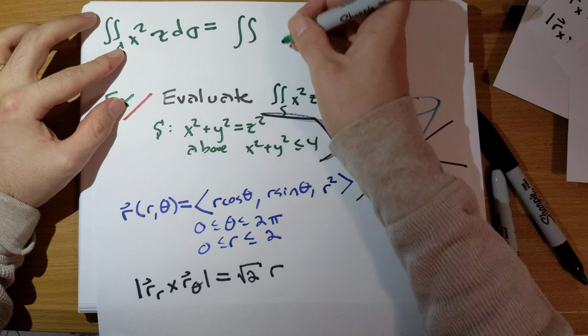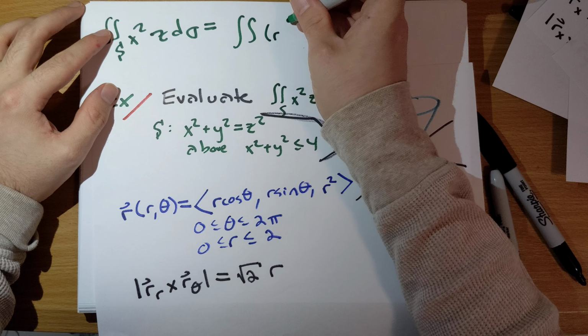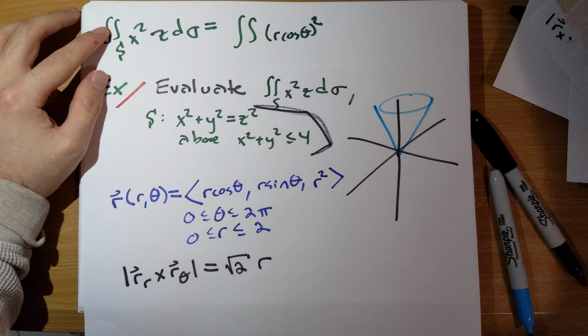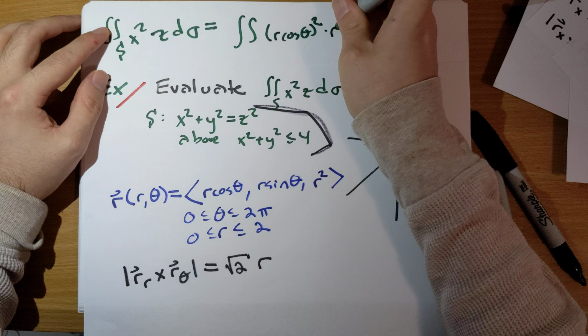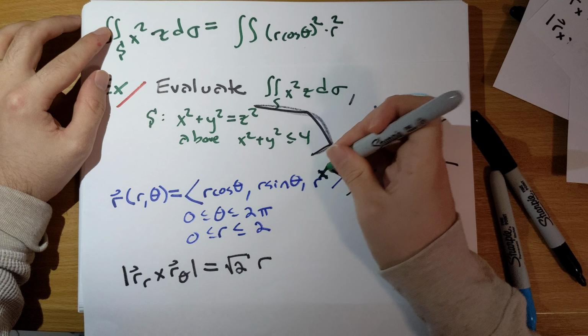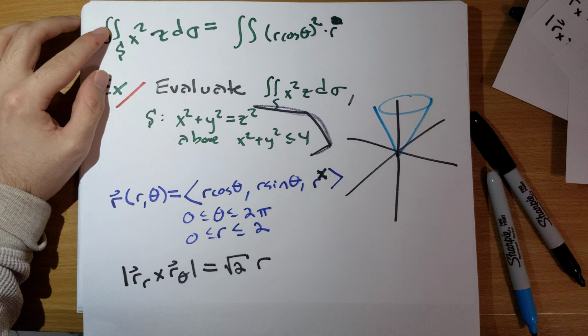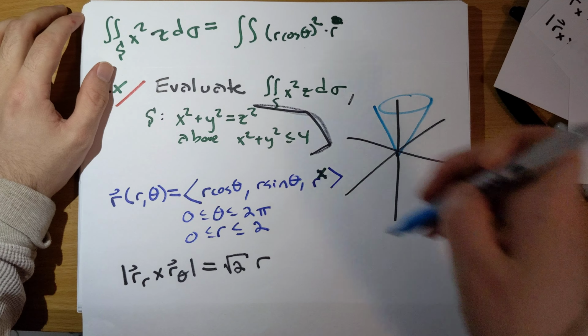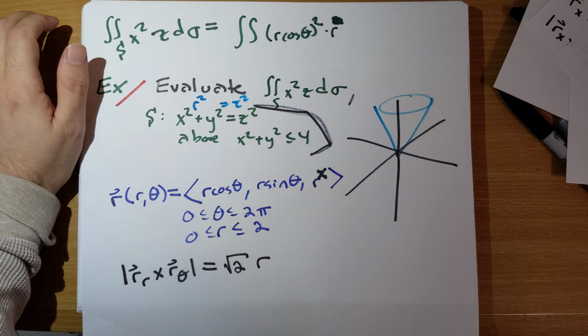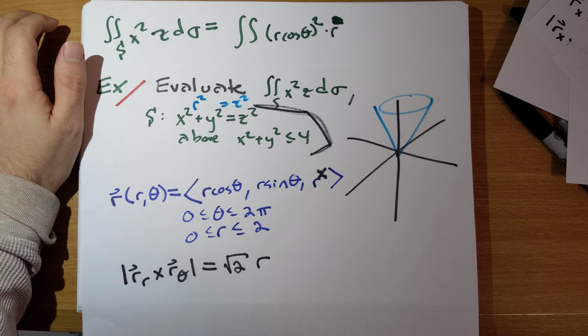So x squared becomes r cosine theta squared times z. Z becomes r squared. Oh, I'm sorry. That should just be an r there, right? Because this is r squared is equal to z squared, so z is equal to r. Sorry, miscopy that from the notes.